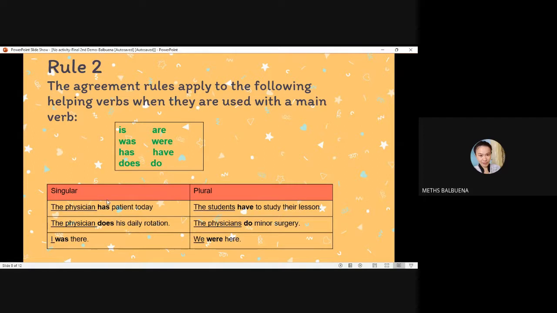Examples in singular: "The physician has patients," "The physician does his daily rotation," "I was there." And in plural, "The students have to study their lesson," "The physicians do minor surgery," "We were here." And remember that in rule number two, the agreement rules apply to the following helping verbs when they are used with a main verb. Okay?